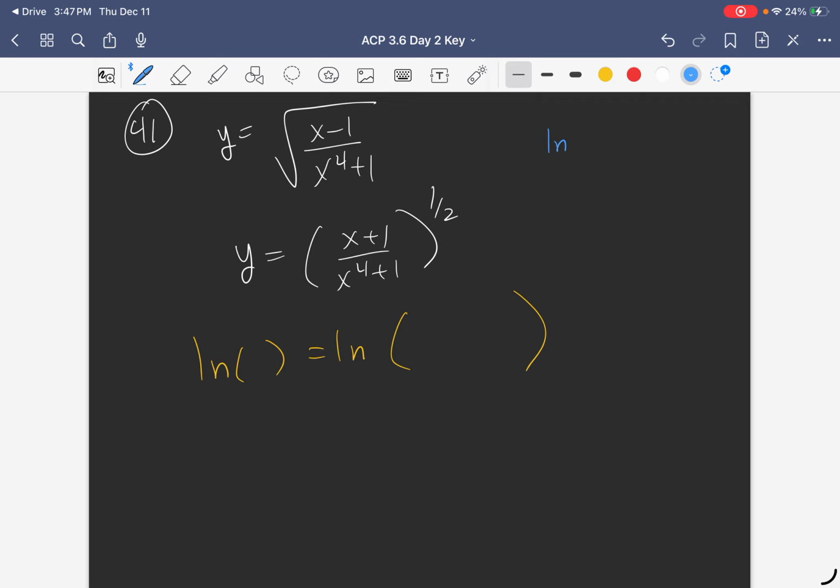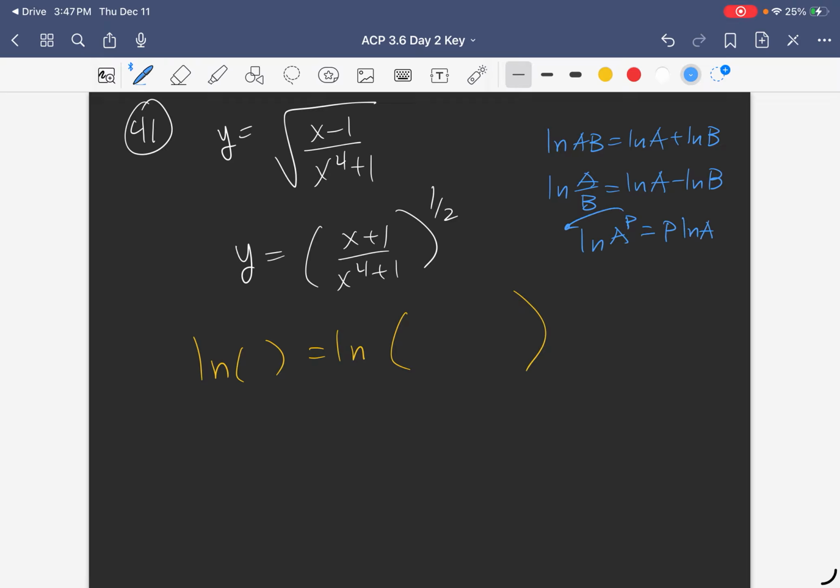So I know that the log of a product is the sum of the logs. I know that the log of a quotient is the difference of the logs. And I know that the log of anything to a power, I can pull that power out front, so I get power times natural log of a.